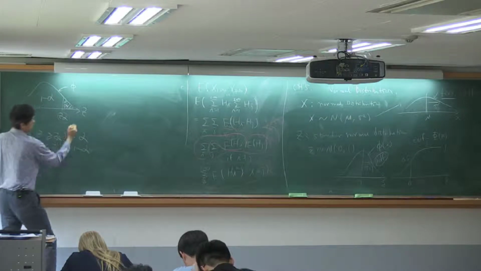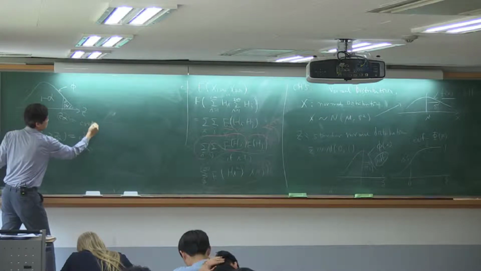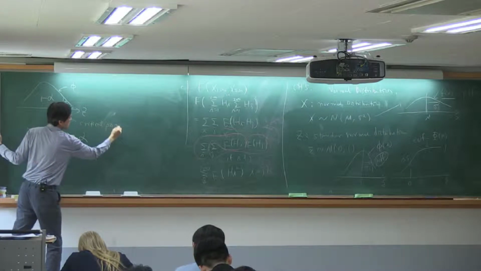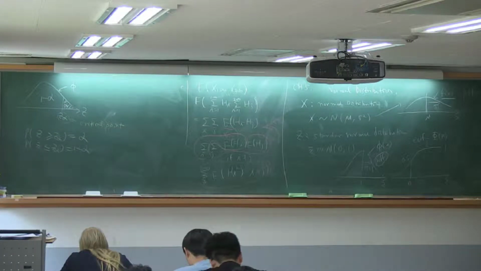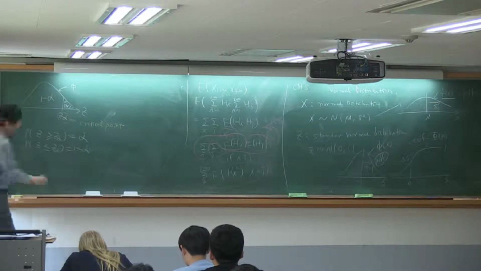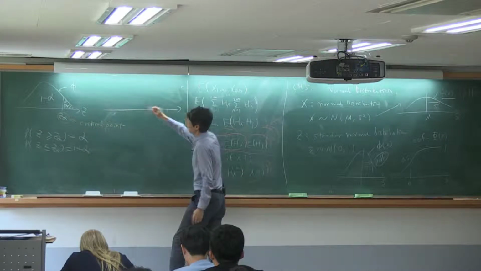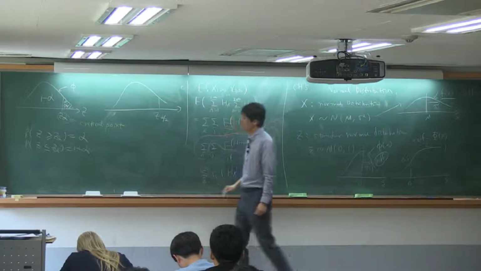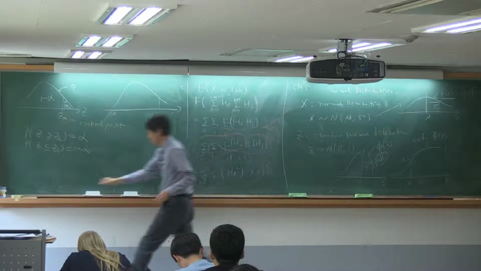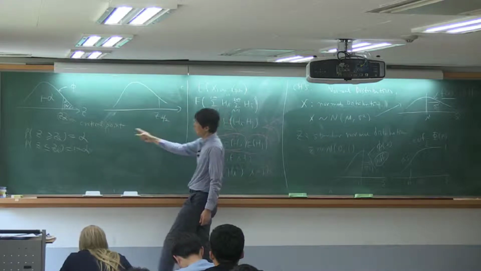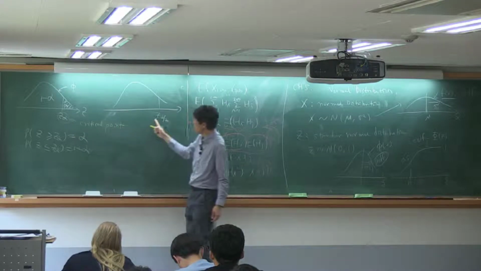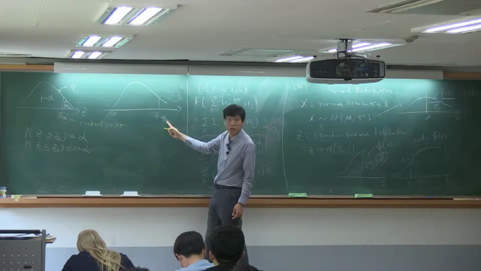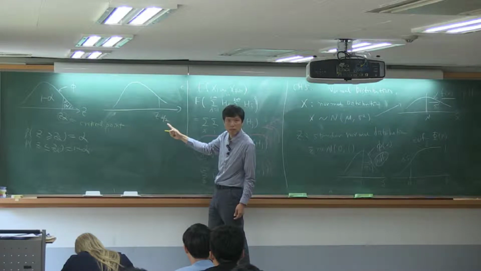We call this value a critical point. There is another critical point. Also remember this critical point: here is g alpha, and here is g half alpha, g alpha divided by 2.